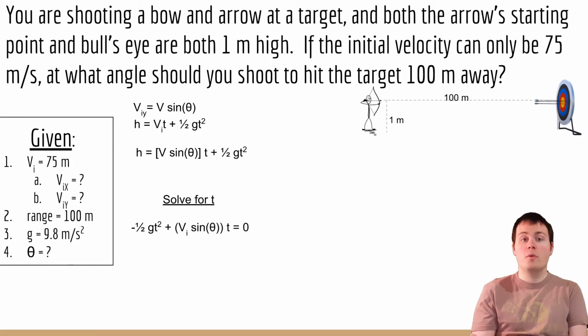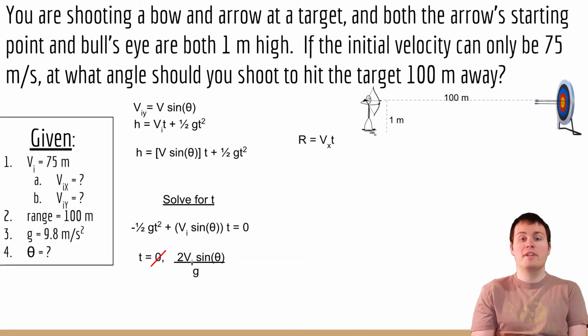However, you can use the quadratic equation to solve for t, and we get the possible answers: t is equal to 0, or t is equal to 2 times the initial velocity sine of theta, all divided by g. Then all I have to do is plug that into the distance equation, or in this case the range equation, which is the initial velocity in the horizontal direction times time.